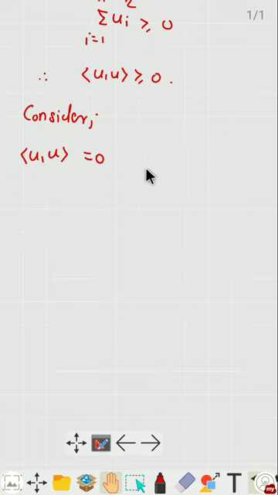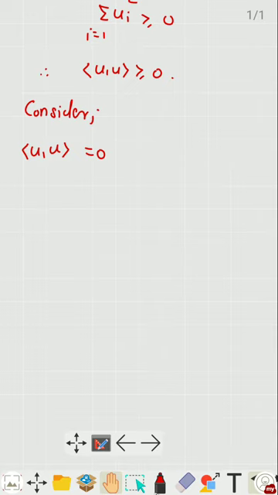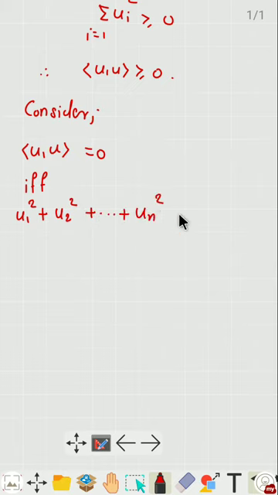This holds if and only if u1 square plus u2 square plus dot dot dot plus un square is equal to 0, and this addition is 0 if and only if ui square is equal to 0 for all i equal to 1 up to n.